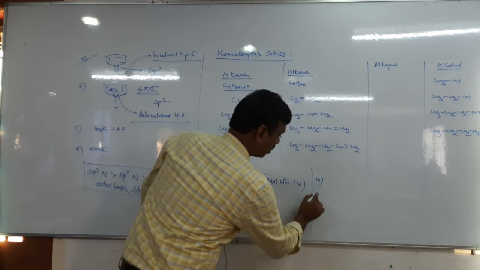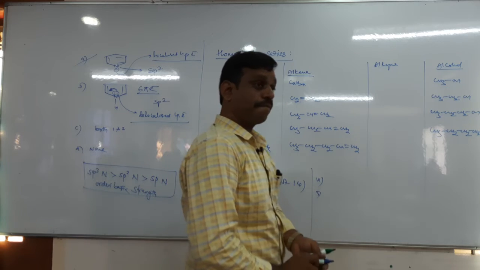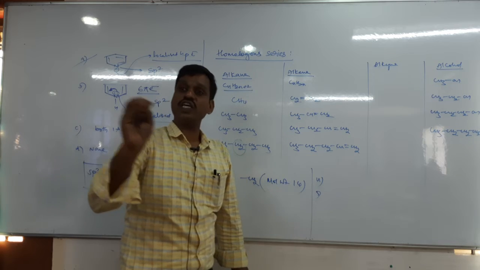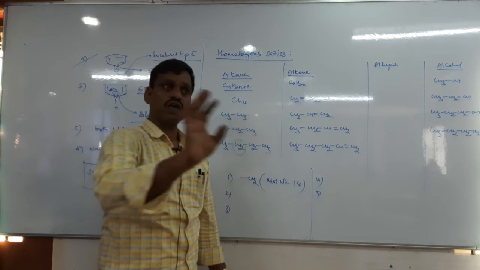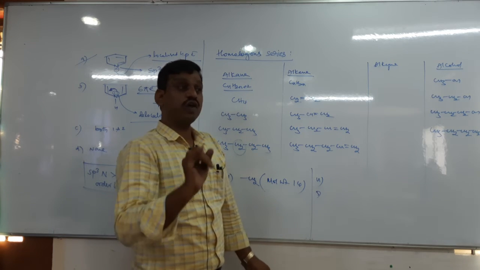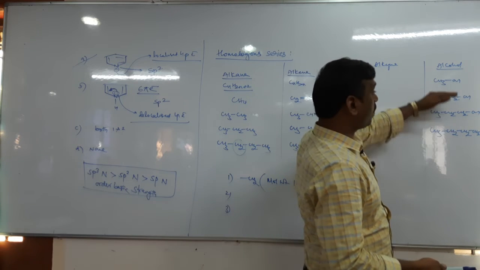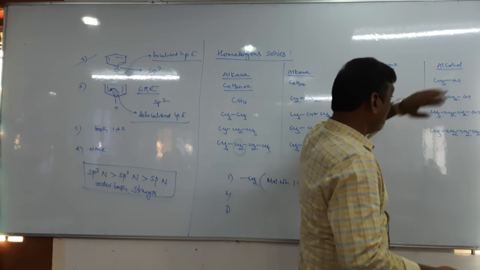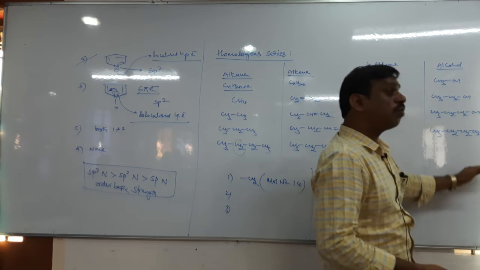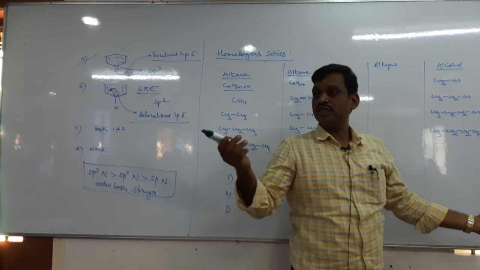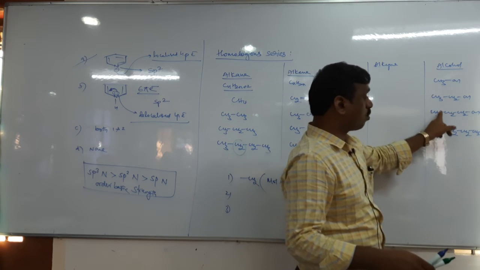Next, fifth one: what about physical property? There should be a gradual change in physical property. They should not have the same physical property. For example, take alcohol. The boiling point of alcohol down the homologous series increases as the number of carbon atoms increases: methyl, ethyl, propyl, butyl.